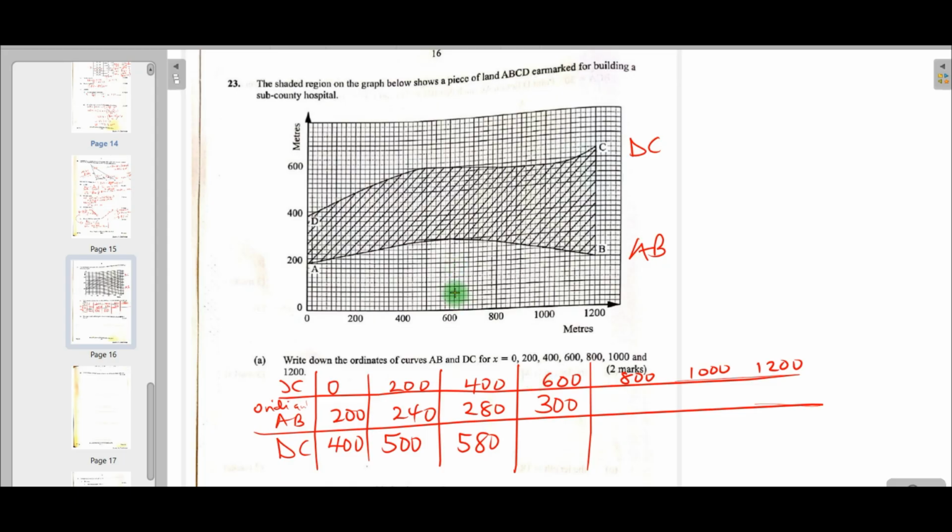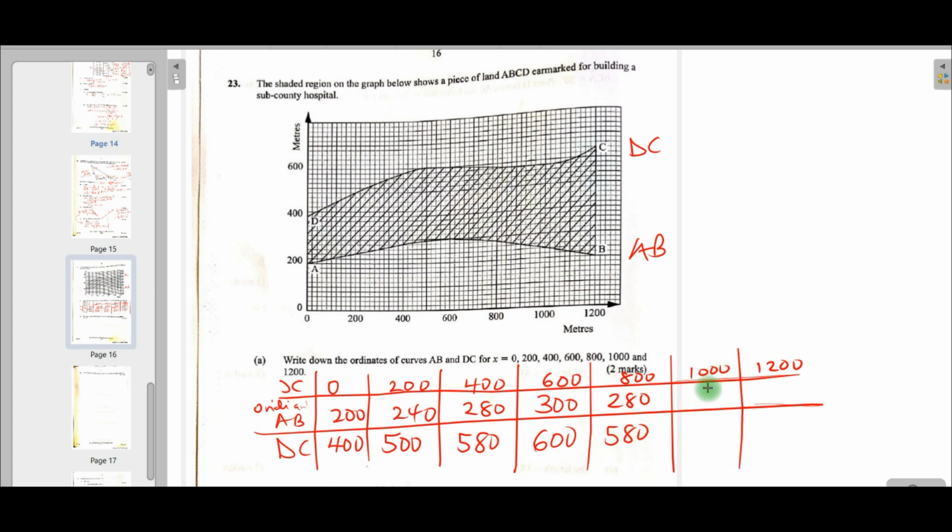For curve DC, it is 600. Then for 800, curve AB is 280. For DC, it is 580.